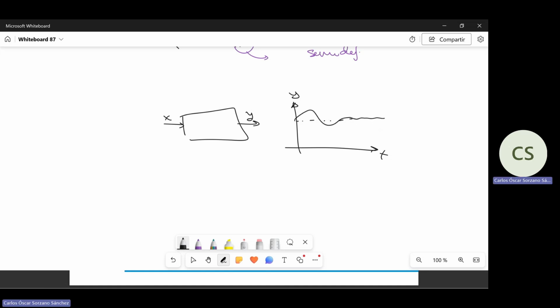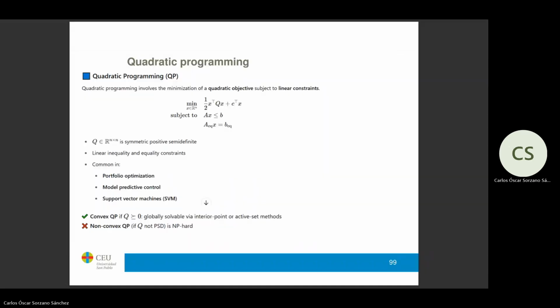And then this is control. The control problem is when you want the output of a system to behave in some particular way. And the one that we have here is model predictive, because you want to predict how the model will behave in order to control this.